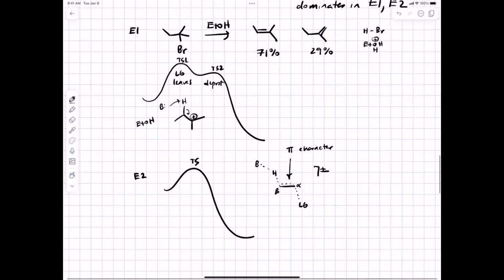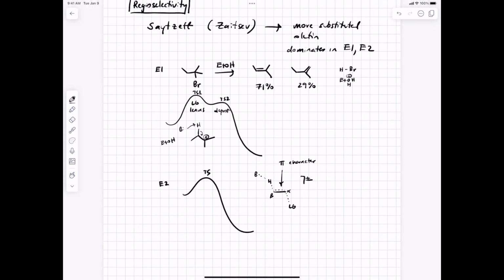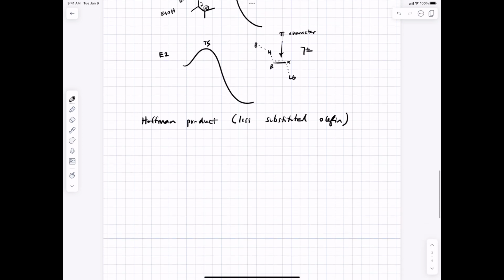And that's an explanation that I think works pretty well. Okay, another thing you should know about olefin regioselectivity is that in contrast to the Zaitsev product, the Hofmann product is the less substituted olefin. And there are situations where you can see this happen as well.